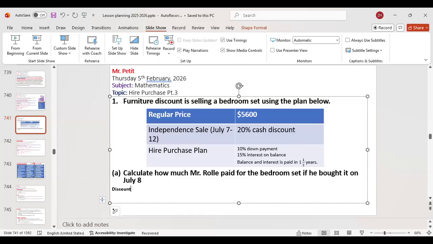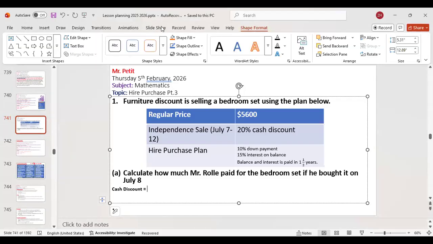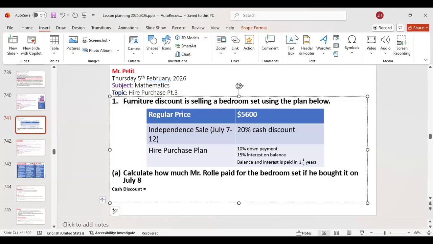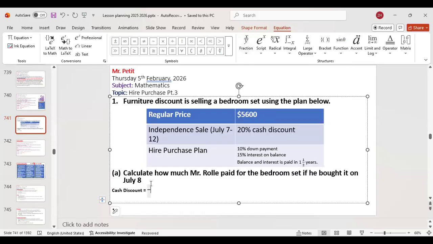So the cash discount. Let's make a note of that. The cash discount, like Casey eloquently said, is going to be a 20% discount, right? So it's going to be 20% of what? 20% of 5,600.